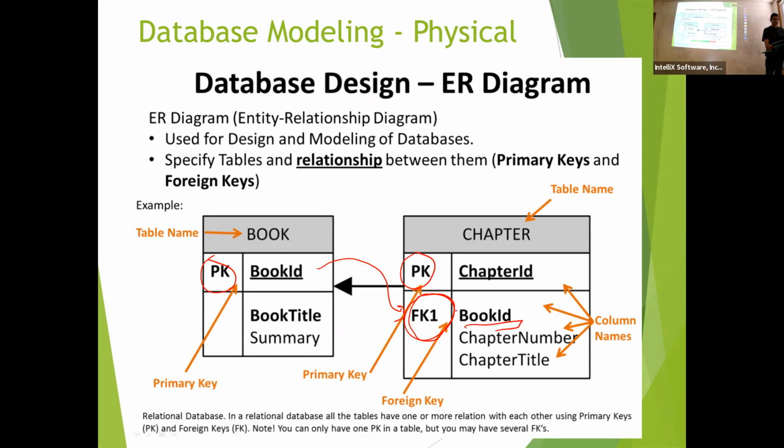So in the chapter table, this column, which points here, is called a foreign key. So it's a primary key, foreign key relationship. It's always going to be a primary key and foreign key relationship. Primary key in this table is book ID. In this table, primary key is chapter ID. But the book ID in the chapter table, which points to the book table, is called a foreign key in the table. Okay.